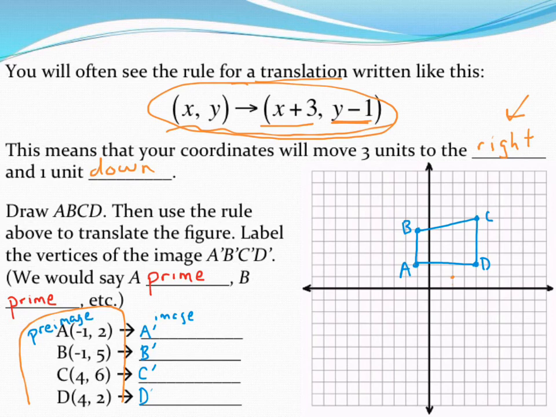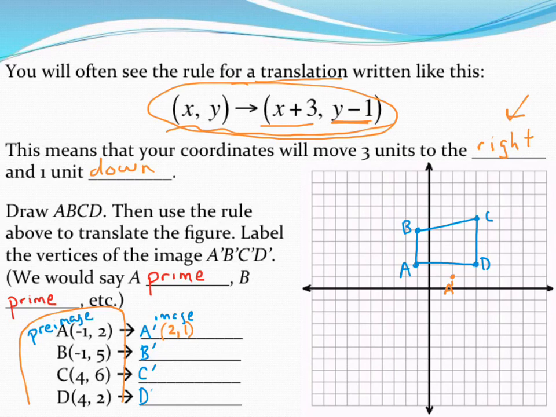The figure that's formed we call the image, but we don't want to call this point just A because we already have a point A. What we do though is put a little apostrophe with it and call it A prime, so we know it's connected. If I figure out the coordinates of A prime, I can see those coordinates are 2, 1. So let me go ahead and add that to my chart down here. So 2, 1 are the coordinates of A prime.